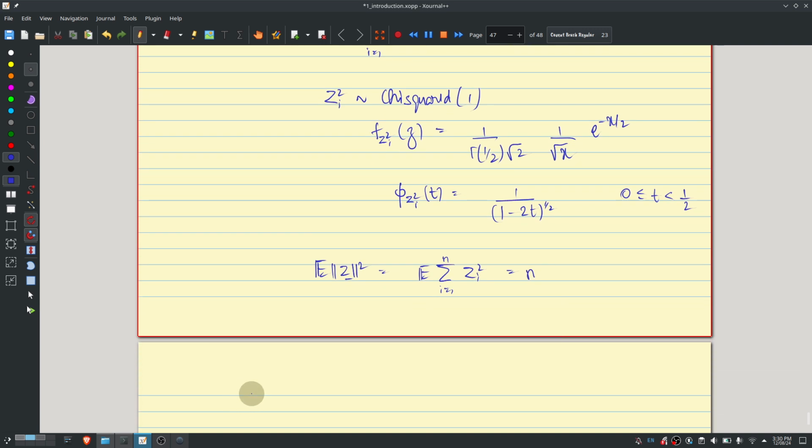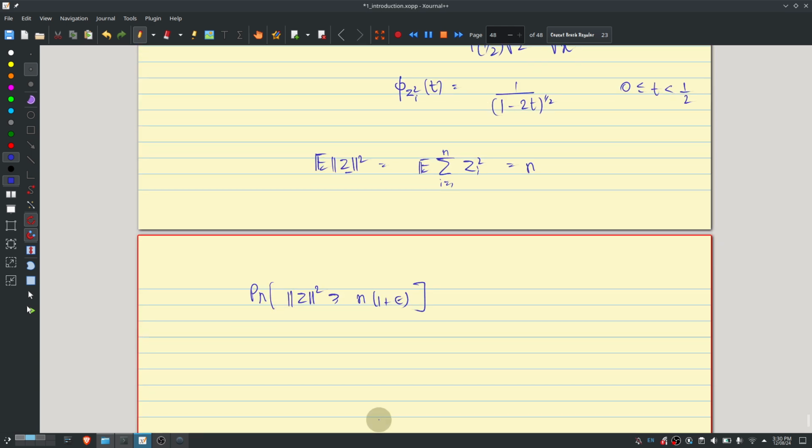So in fact, let's try to find the probability that norm z square is greater than or equal to n into, say, 1 plus epsilon. Right?